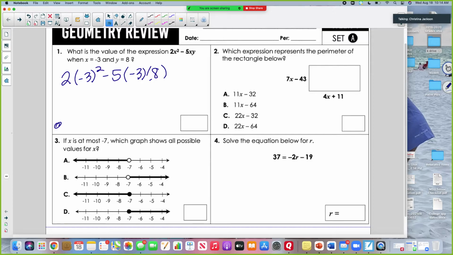Negative 3 squared times 2 is 18. Because I put this minus sign here, the 5 is now positive. So I've got 5 times negative 3 times 8, which is negative 120. But now I have minus a negative, which is actually plus a positive. So that's going to be 138. Perfect. It's okay, that's why we're warming up. We're just getting started.